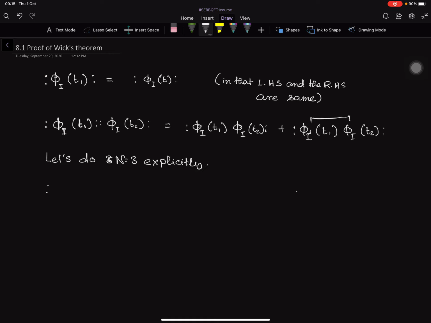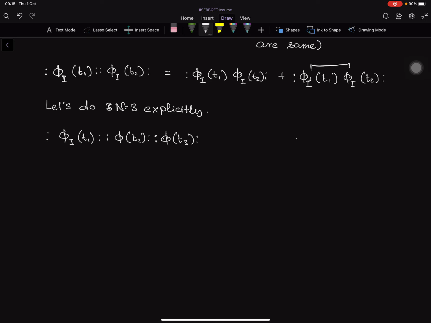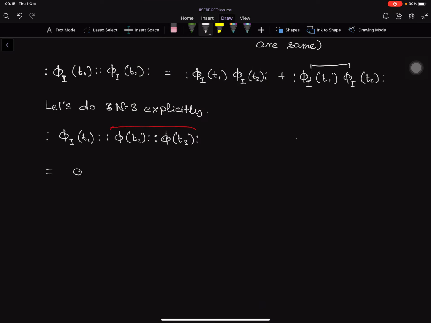Okay, so in order to do that, let's say we have this. Now for these two, I can just use the result from the above result, right? So these two is simply phi I t1.